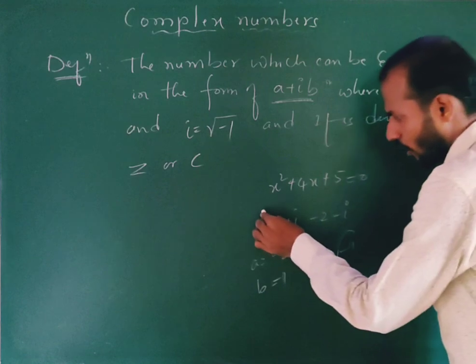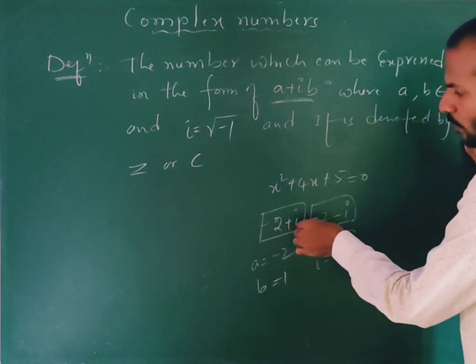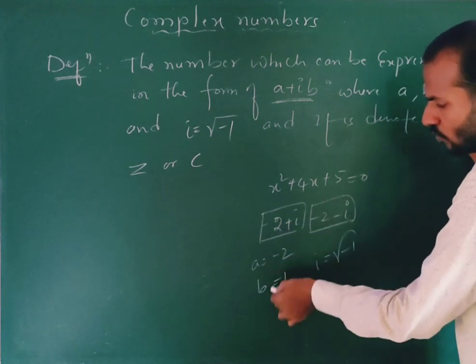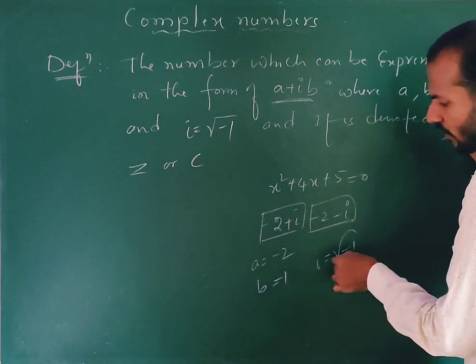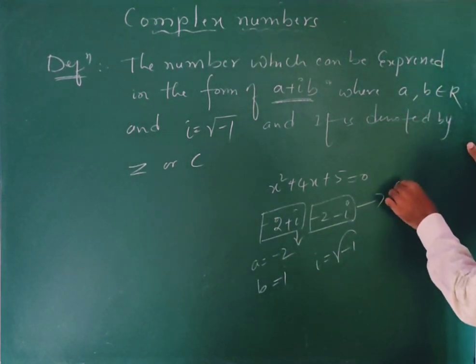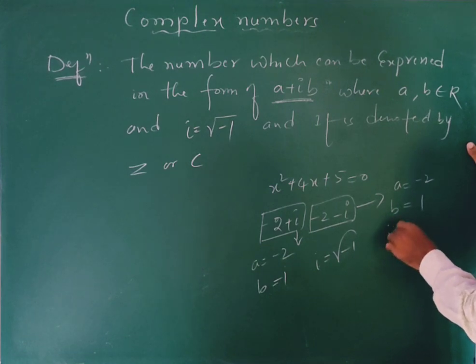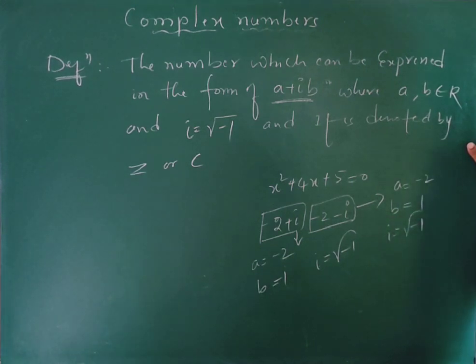Therefore, it is in the form of a complex number or not? Minus 2 plus i, a is minus 2, b is plus 1, where i is under root of minus 1. And for this case, a is minus 2, b is minus 1, again i is under root of minus 1, right?